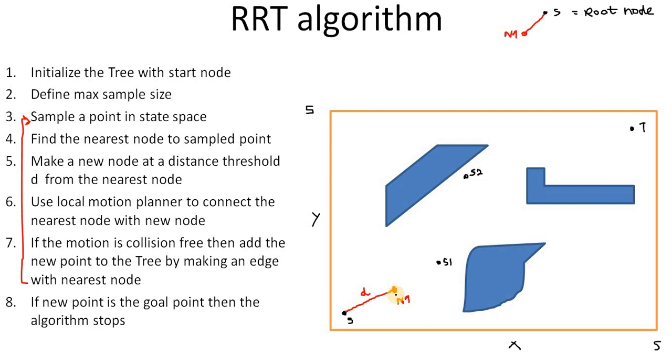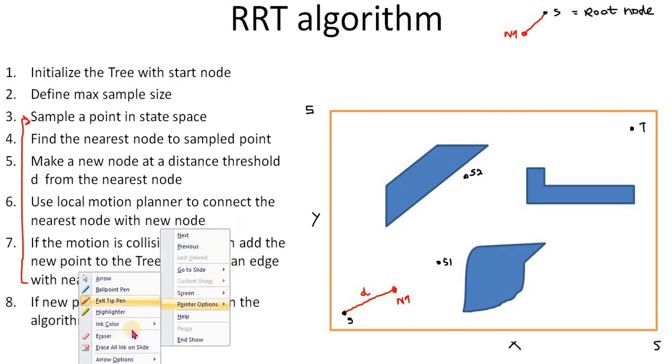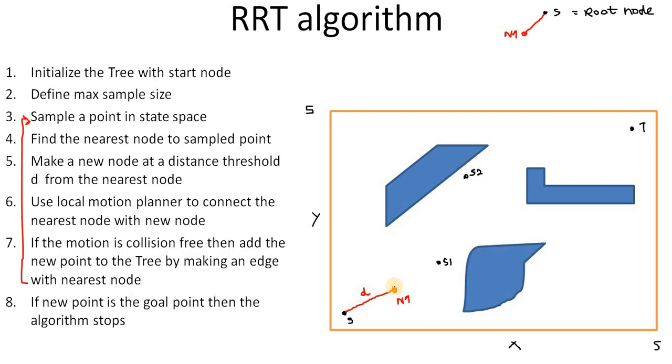Now what we do, we make a node N2 at a distance d in the direction of S2.